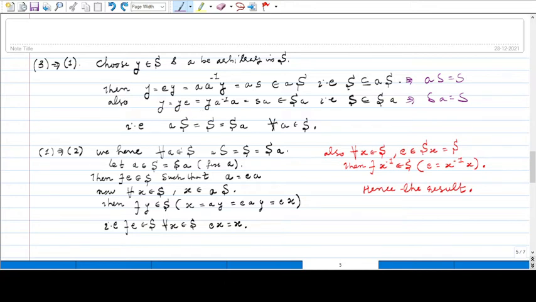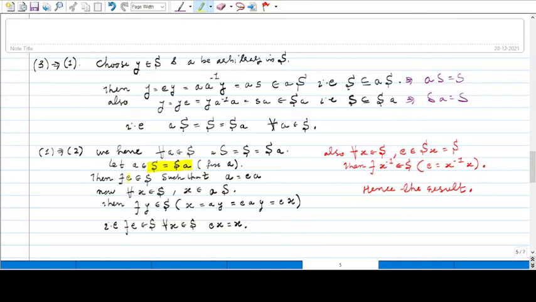So we have, for every element A belongs to S, we have the property AS equal to SA. So let me choose A from S. Please fix A arbitrarily. So A belongs to S, which is in fact SA using our point one.